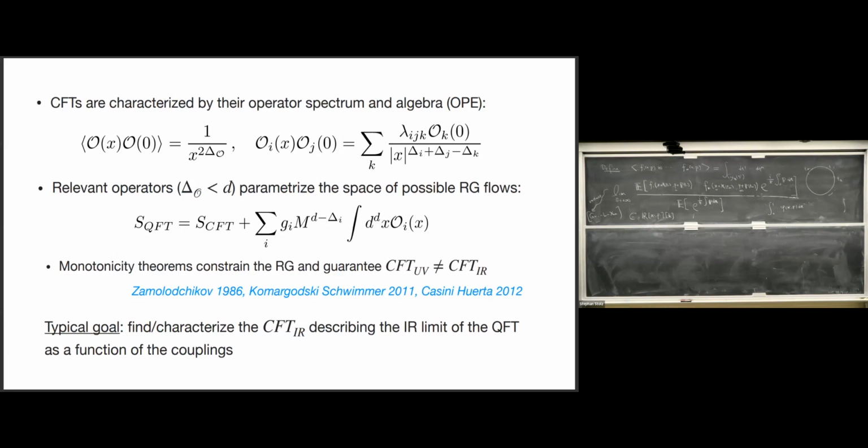So you know that the 2 CFTs must be different. And a very typical goal that physicists are often interested in is to characterize the conformal field theory in the infrared that is given by the deep infrared limit of the quantum field theory.